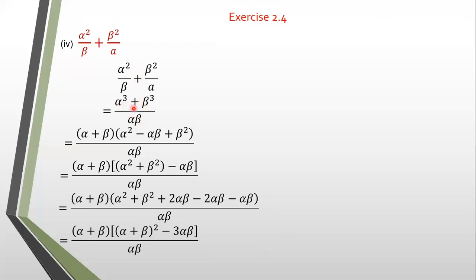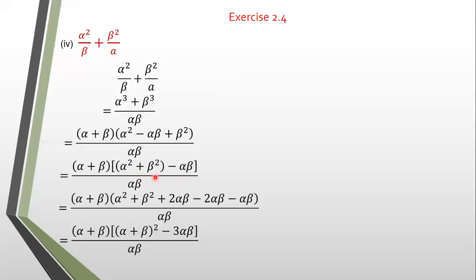And here we will use the formula of a cube plus b cube, that is a plus b, a square minus ab plus b square. Alpha plus beta as it is. Why? Because we know the value of alpha plus beta, and here we can pair alpha square and beta square and keep minus alpha beta aside.